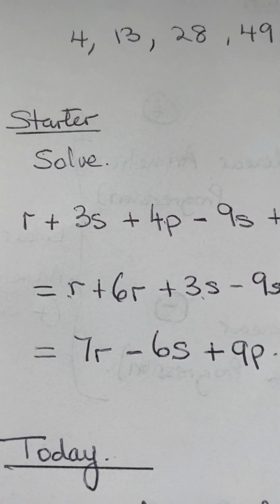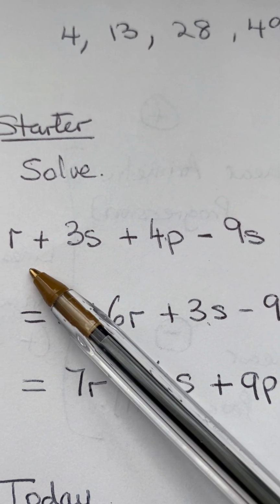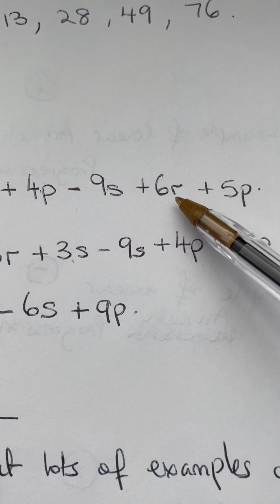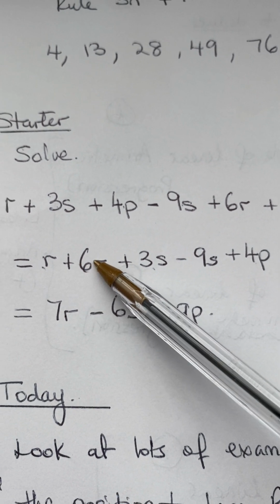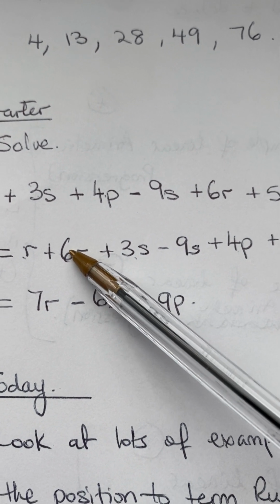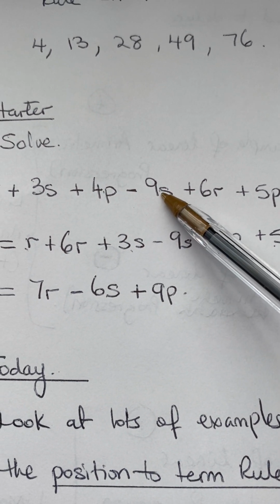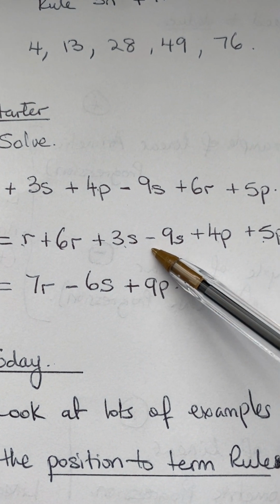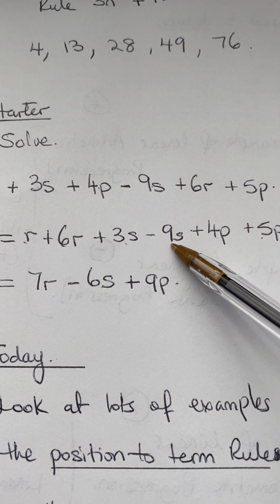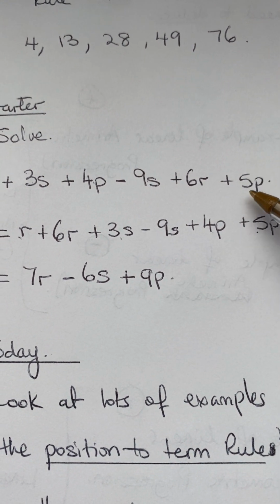We put the r's together: there's an r here and an r here, so r plus 6r. 3x here and minus 9x here, so plus 3x minus 9x. 4p here plus 5p.